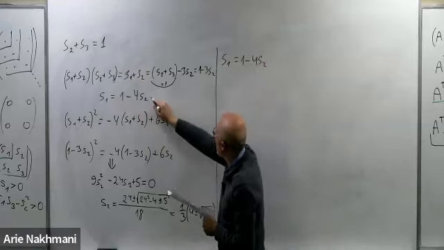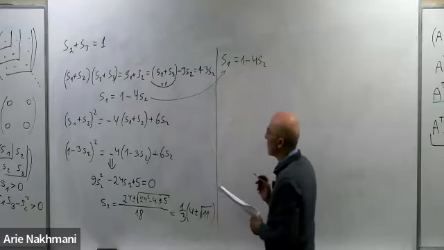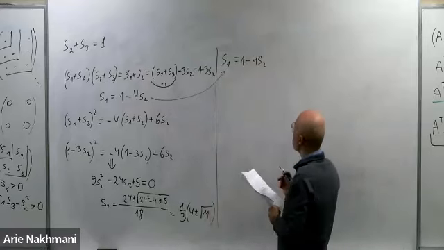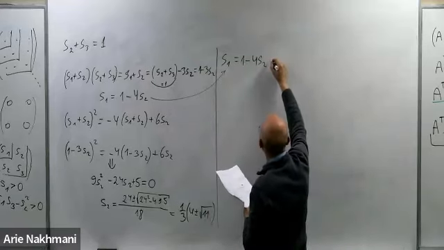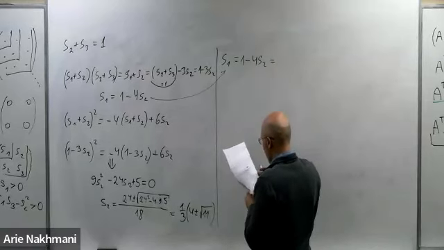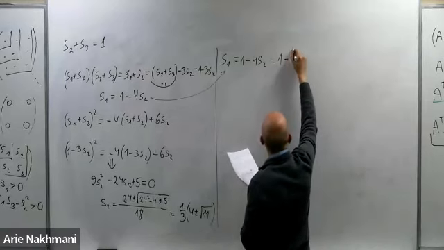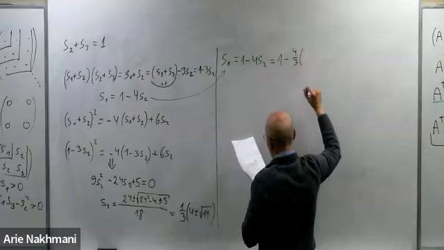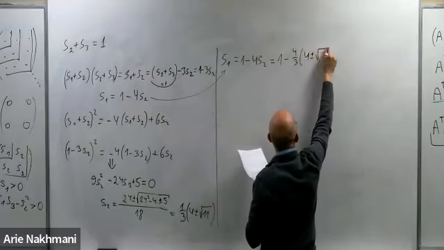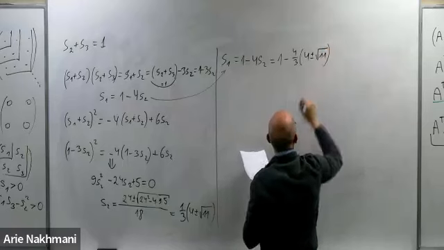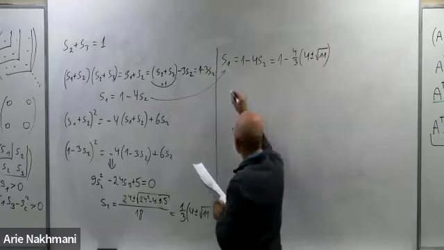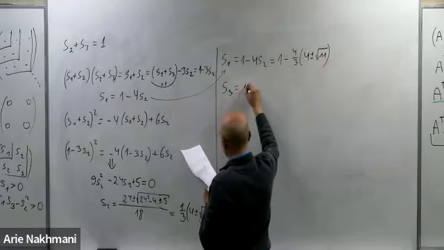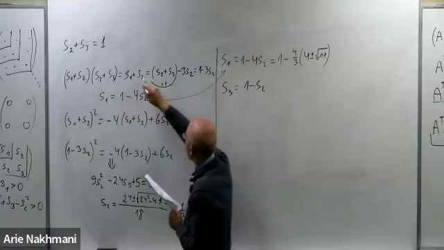This is coming from here. And then you get also, obviously, multiple solutions. 1 minus 4/3, 4 plus minus square root of 11. And S3 is 1 minus S2, which is coming from here.